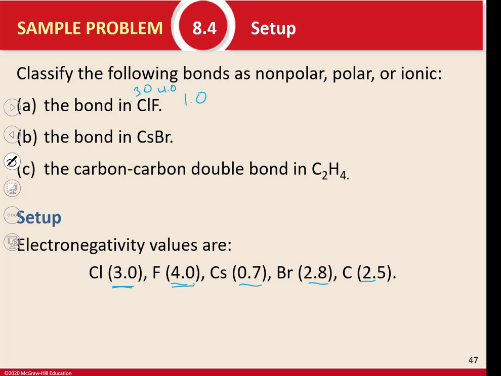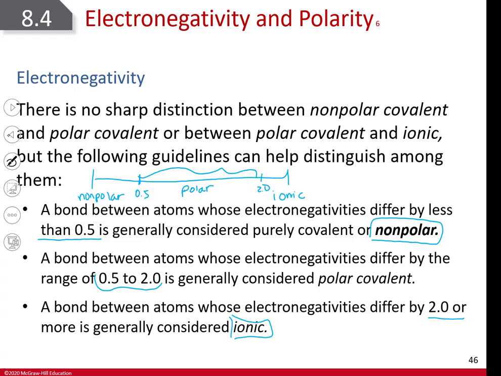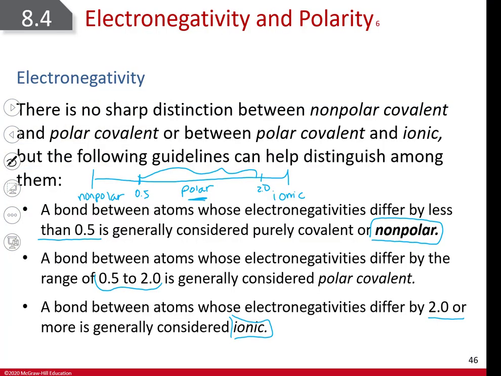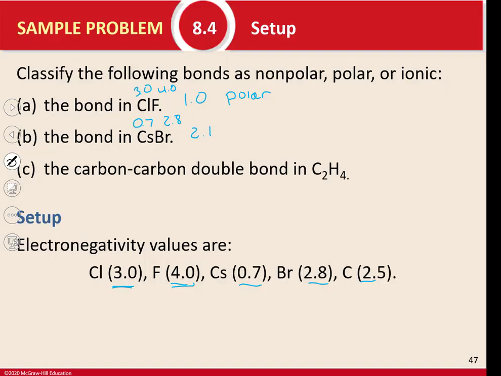So a 1.0 difference is in what range? Good, polar covalent. So that one will be polar. All right. Cesium versus bromine. Cesium is 0.7 and bromine is 2.8. So that's a difference of what? 2.1. So that's in what range? Ionic. Good. 2 or greater is ionic, so that's definitely ionic.